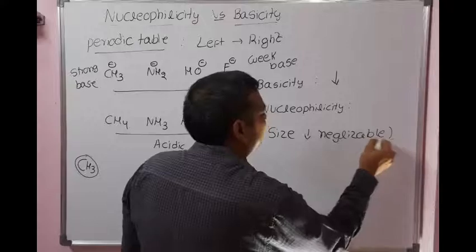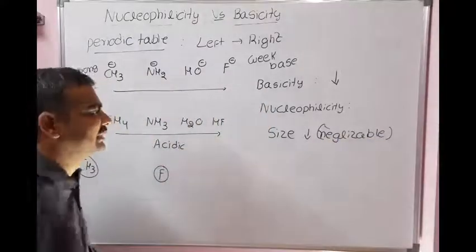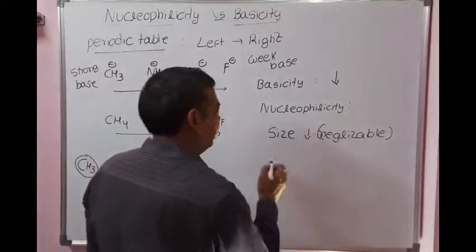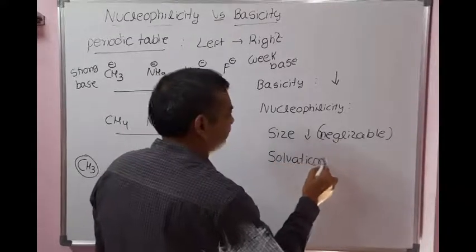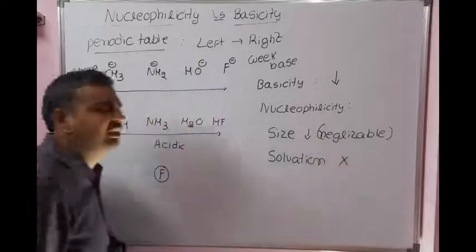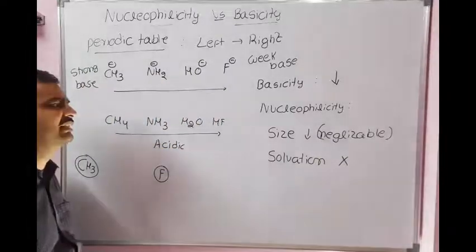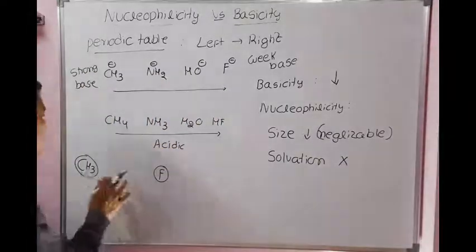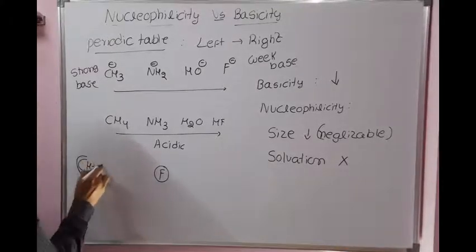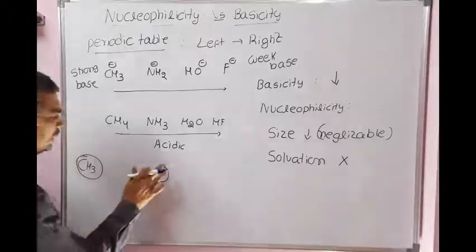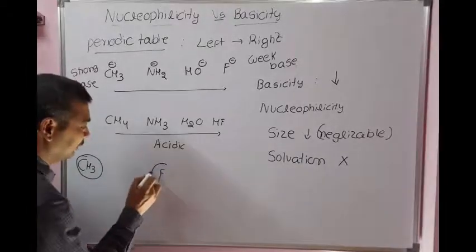Whenever there is a negligible change in size, there is no solvation effect, since the change in size is very, very small. If you see the size between CH3 and F, the difference is very negligible. A little less, but not that much.